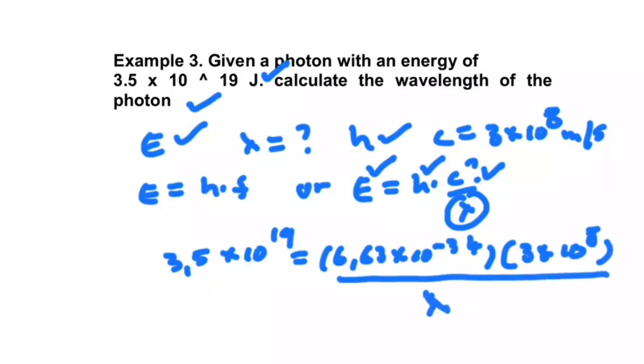For some people, it's quite easy to see what we need to do here. Well, we can cross multiply and solve for wavelength. But you can just always switch these two values. It seems like a shortcut, but it always works.